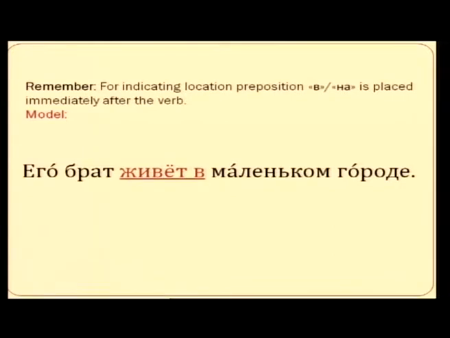Его брат живет в маленьком городе. That is why for indicating location, the preposition в or na is placed immediately after the verb. It is also advised that whenever you are making your own sentences, you immediately place va or na after the verb for indicating place.